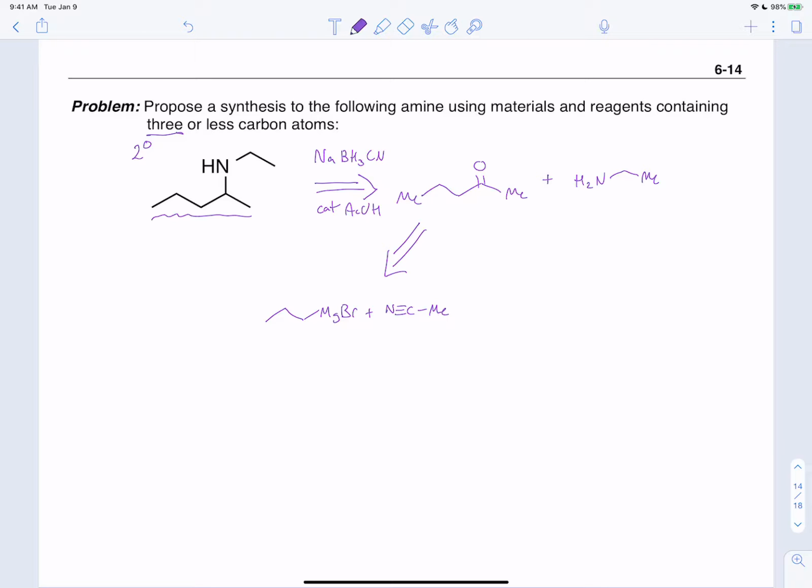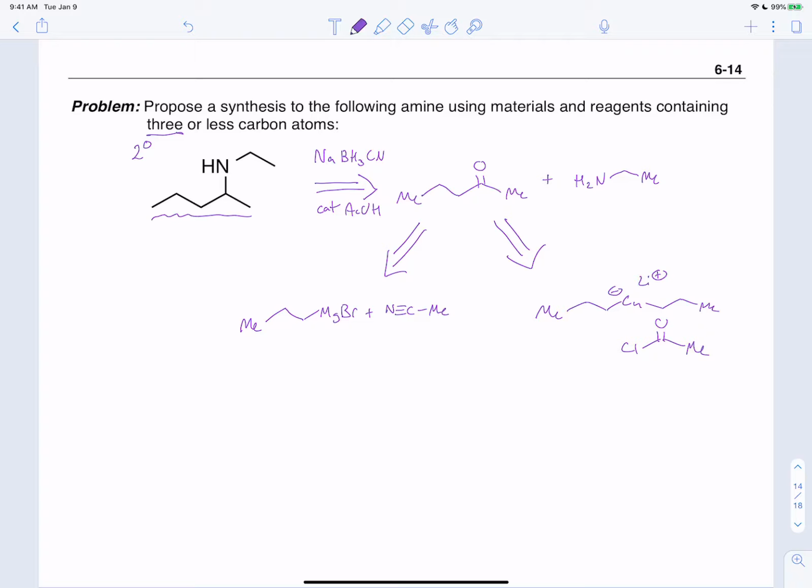An alternative disconnection we learned in this topic that breaks the exact same bond is to use cuprates. So cuprates can also directly make ketones without the over-addition problem. In this case, we would just need to have the correct lithium dipropyl cuprate, and acetyl chloride.